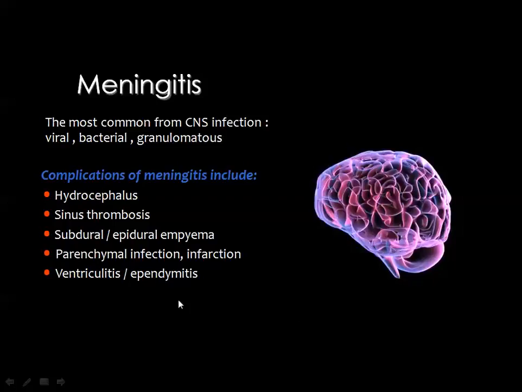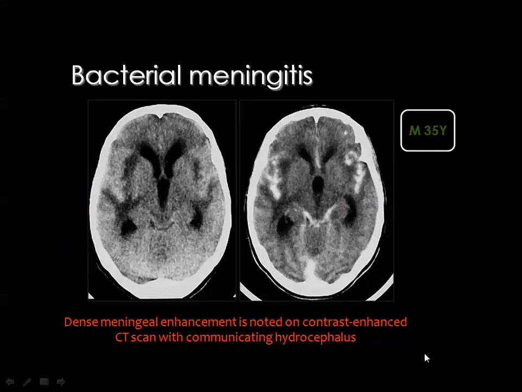Then you see the extension of the infection may reach the wall of the ventricle, resulting in ventriculitis and ependymitis. And this is a CT scan pre-contrast and after contrast injection showing extensive meningeal enhancement.